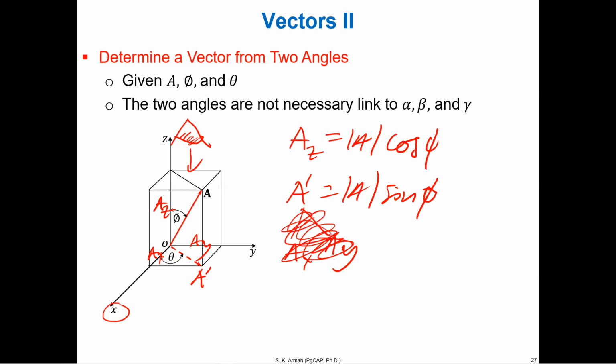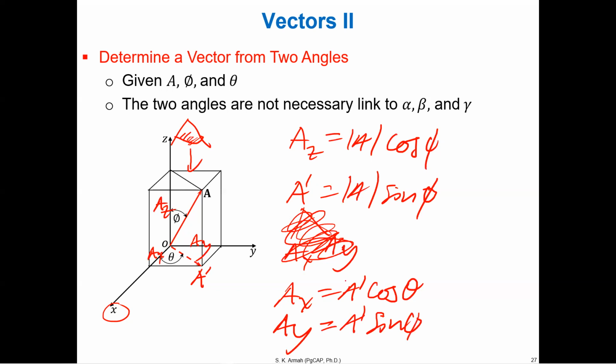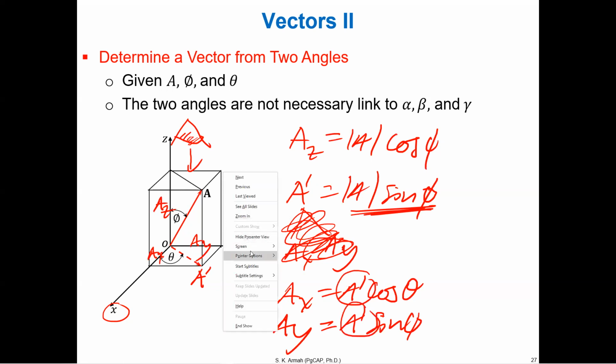The angle theta is with the x part, so the x part will be the cosine, and this will be the sine. So my Ax is A prime cosine theta, and my Ay is A prime sine theta. But what is A prime? A prime is this. So substituting this one here, you got all the components.